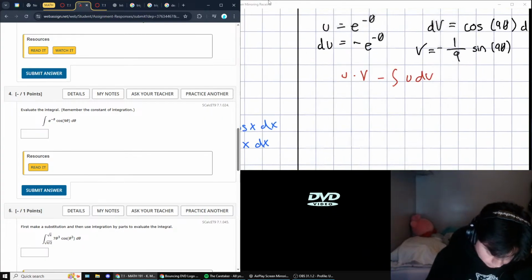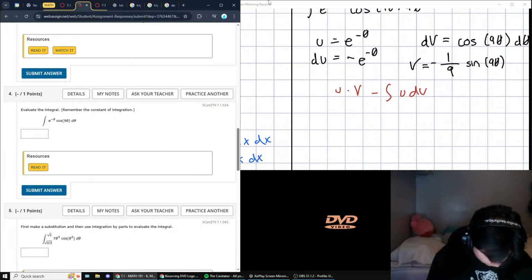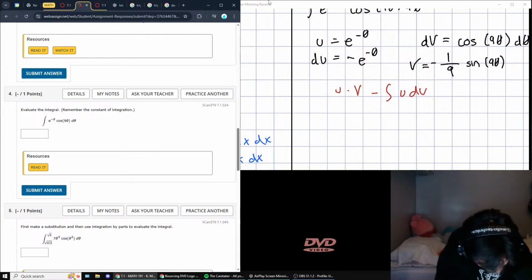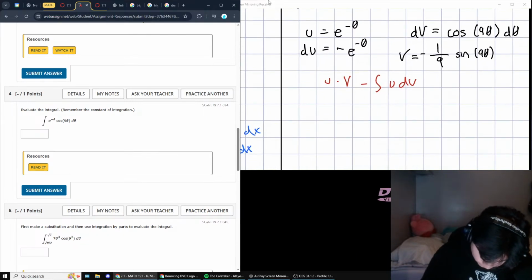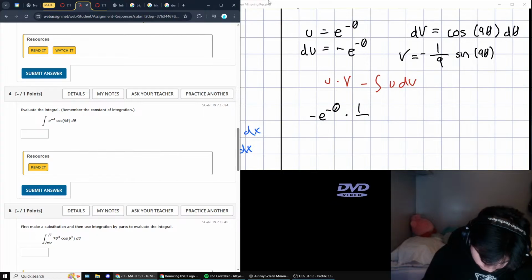So then u is equal to e^theta times 1 over 9.